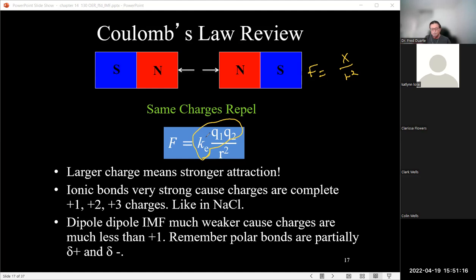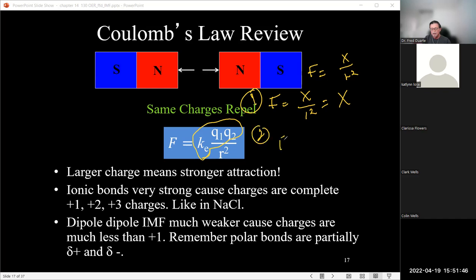If I start with a radius of 1 unit distance, and it doesn't have to be specific, the force is equal to X divided by 1 squared, so my force is equal to X, whatever the value of X was. Now, let's double that distance. We were at 1 unit, let's go to 2 units. That's example number 2.